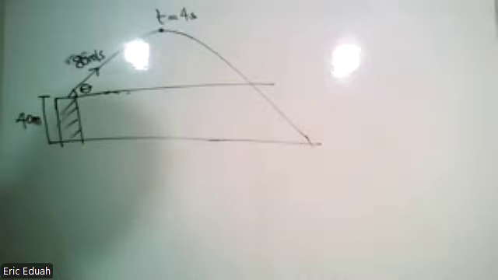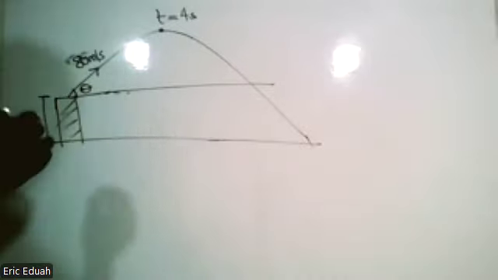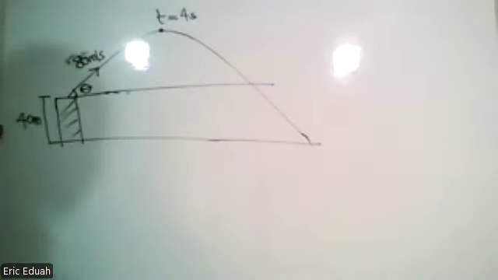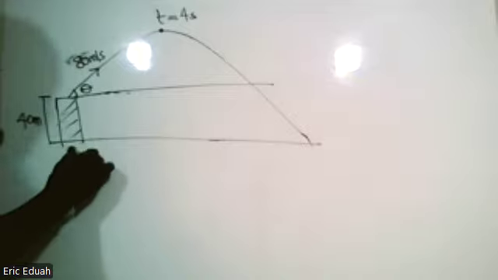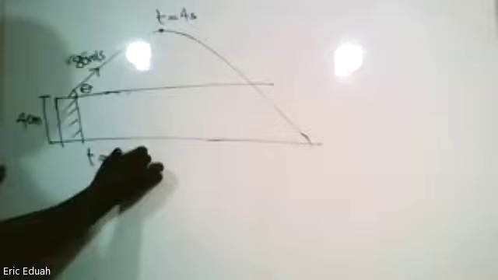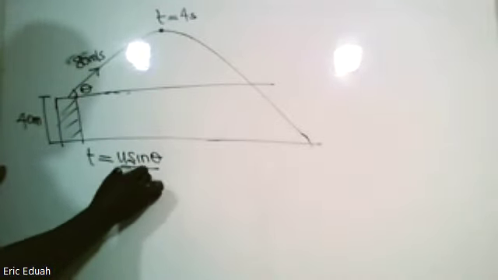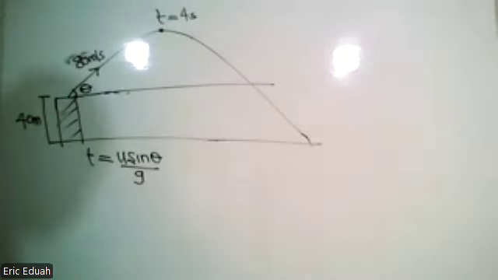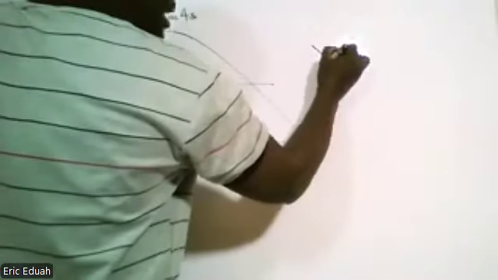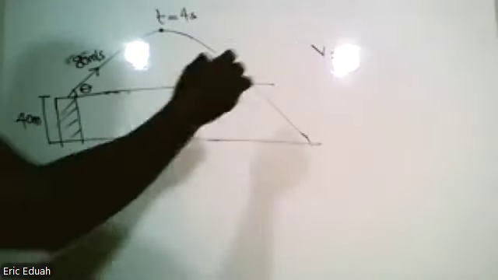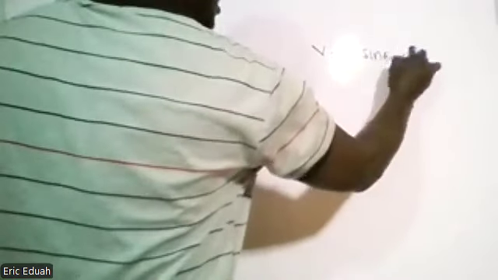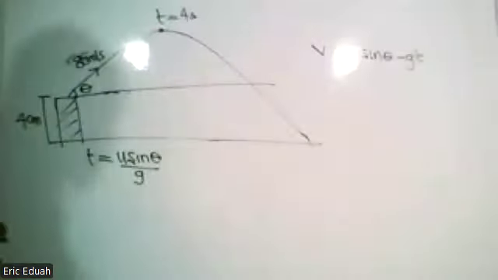Now, under projectile motion, we are just solving questions, so I'm going to use some of the formulas straight away. Time taken to reach the maximum height is given by u sine theta over g. Because vertically, to determine the vertical velocity at any time t, v is u sine theta minus gt, the equation I just derived.